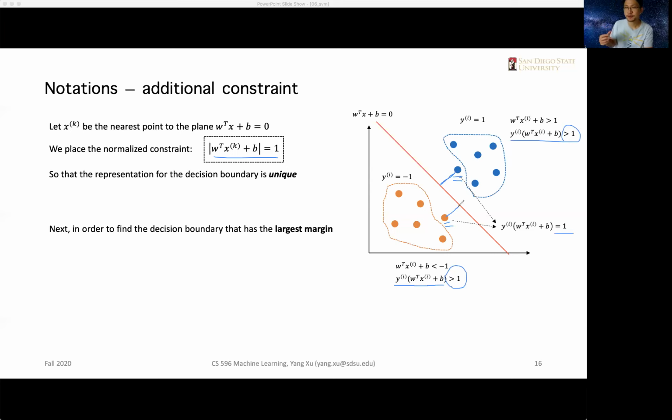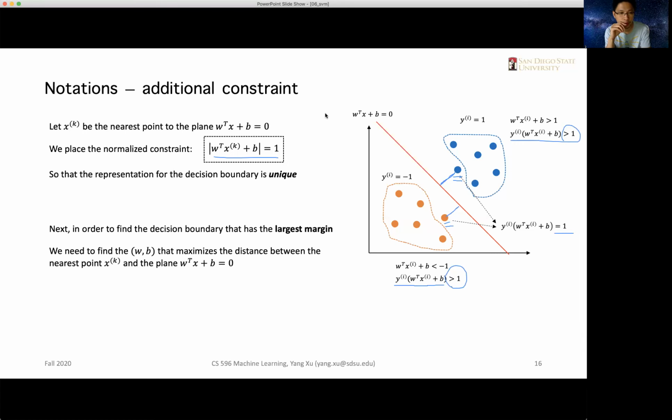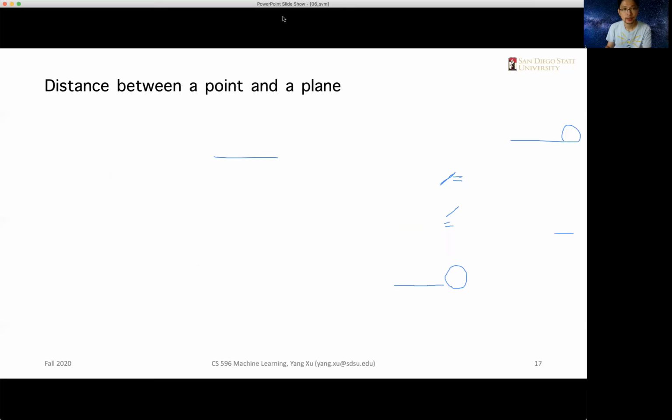But we will first start from some random points. We need to find the w's that maximize the distance between the nearest points and the plane. And we will start from the distance from a plane to a random point.